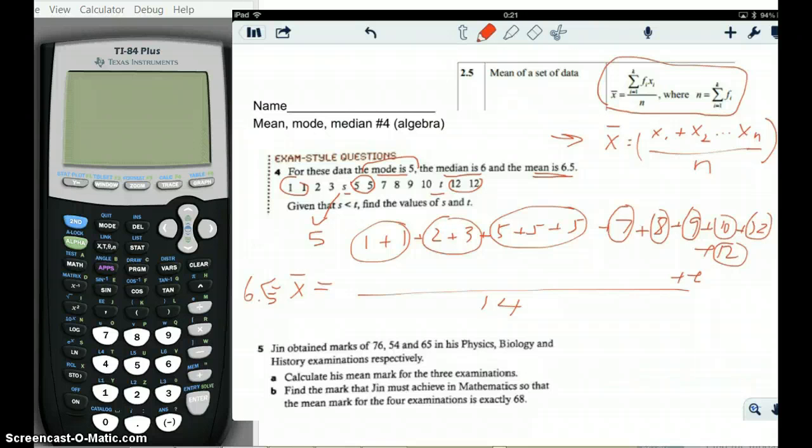So we have 80 plus T divided by 14 equals 6.5.